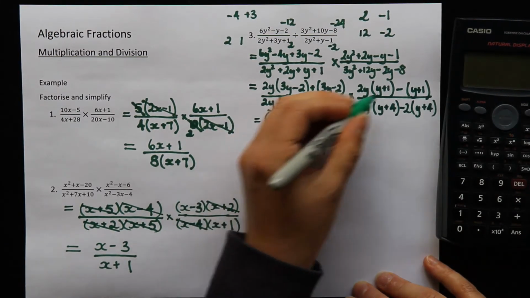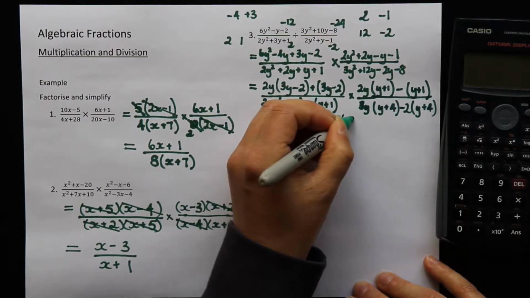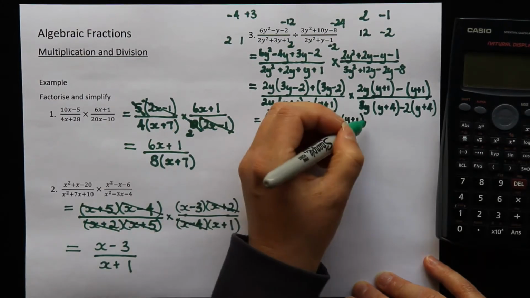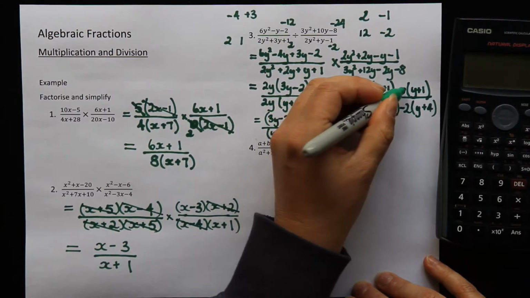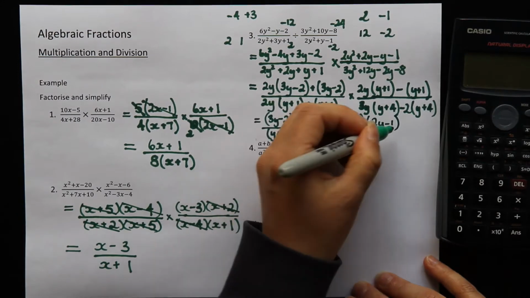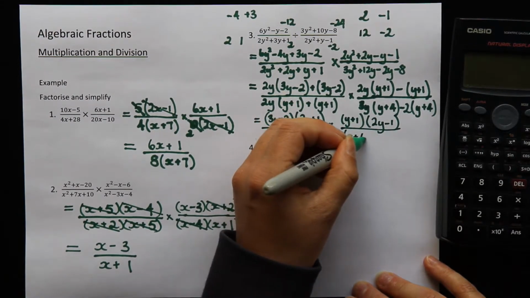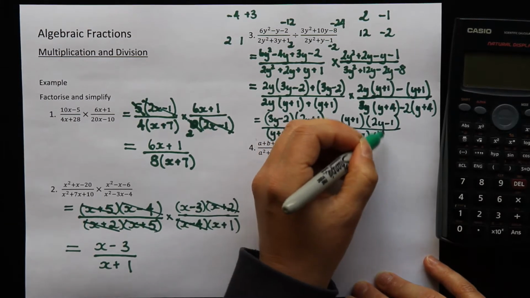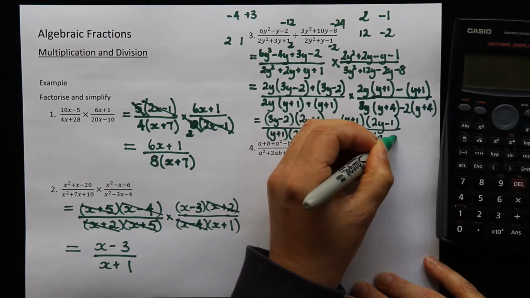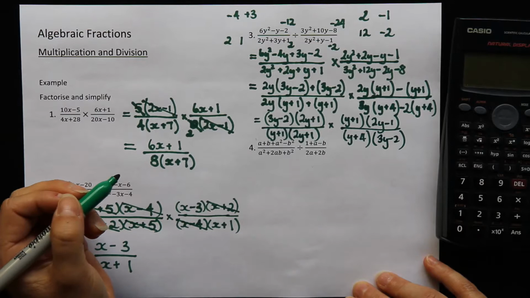Times by, up here, y plus 1 is a common factor, 2y minus 1. And y plus 4 is a common factor, 3y minus 2 on the bottom.